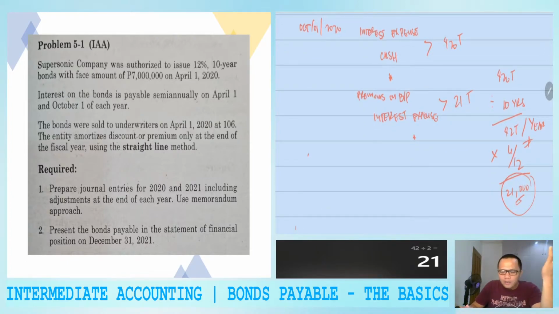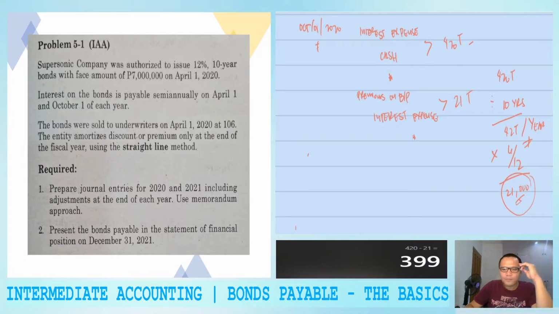Now, if we are to be asked, what is the interest expense on October 1, 2020? That is 420,000 minus 21,000.